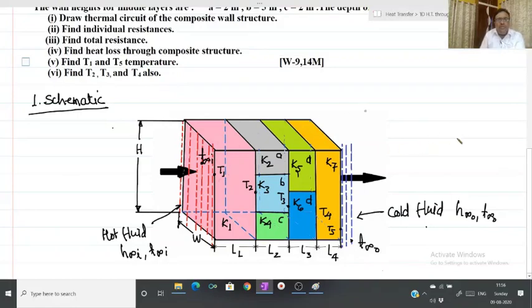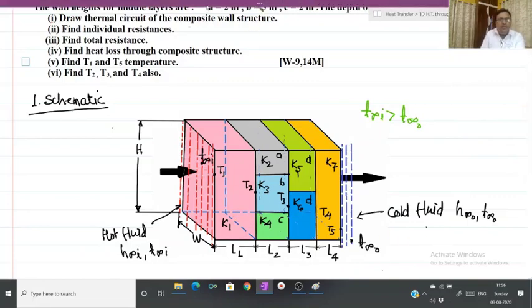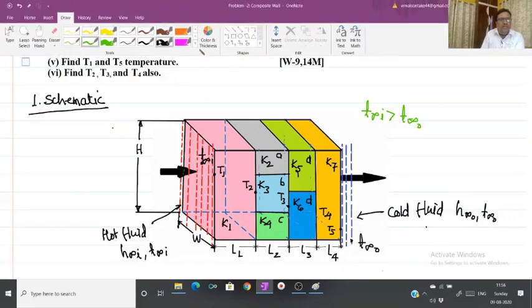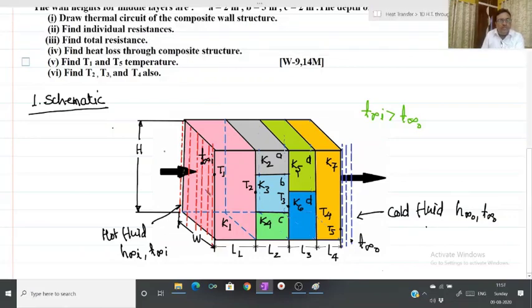Now it is given in the problem T infinity i is greater than T infinity o. So heat transfer will take place from hot fluid to the cold fluid. And let's say the rate of heat transfer is Q.